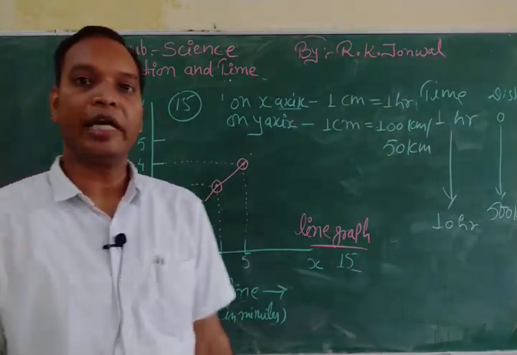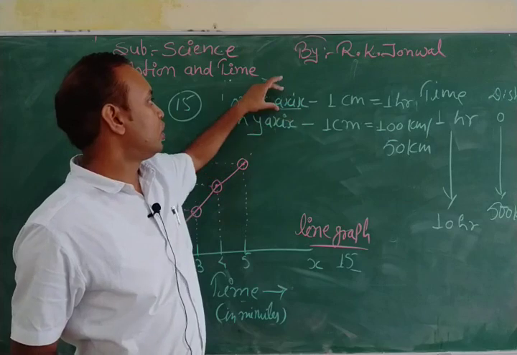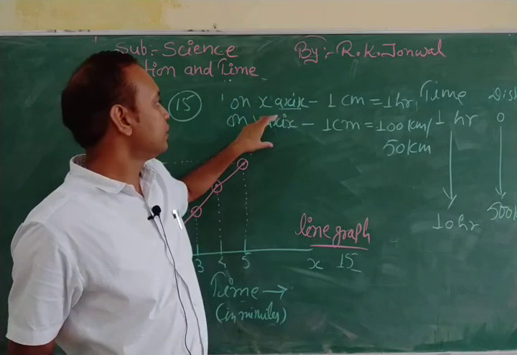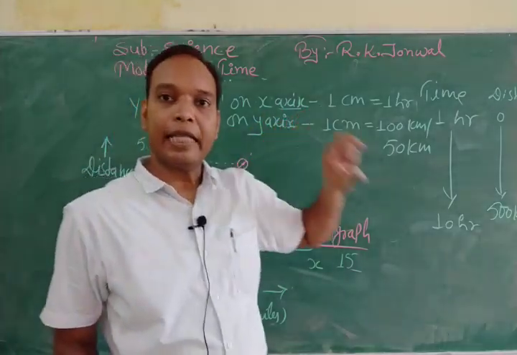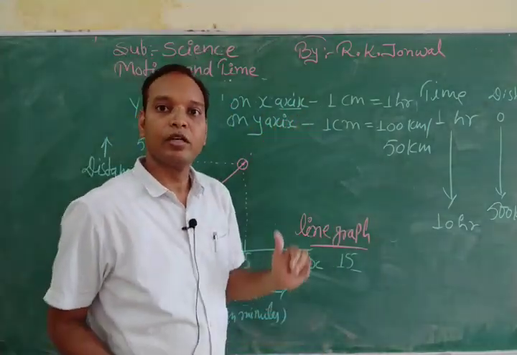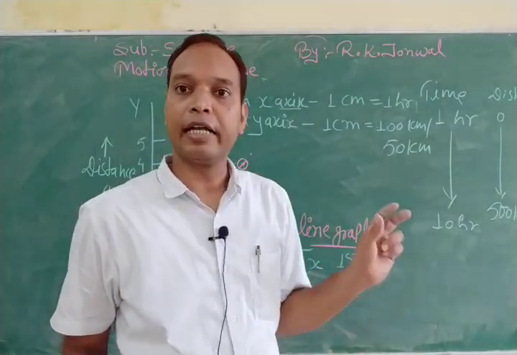Okay. So according to our graph paper, we should take the values on the x-axis and y-axis. So that is the primary step, the first step we always take at the time of plotting graphs.